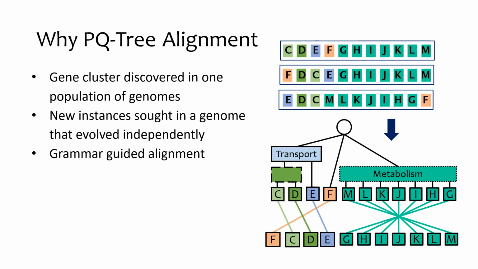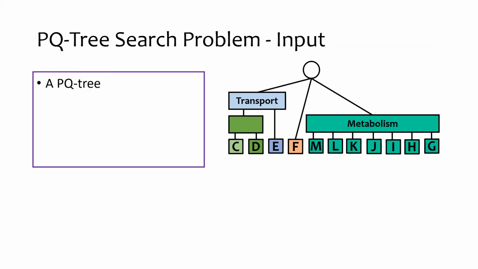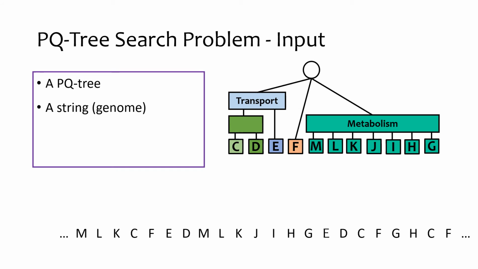So we use this grammar-guided alignment and allow rearrangements that are constrained by the PQ tree that was built from the query gene cluster. More generally, in our application, we have a long genome and the string derived from the PQ tree is much shorter. So in the paper, we actually address the PQ tree search problem. In the PQ tree search problem, we are given a PQ tree and a string representing a new genome.